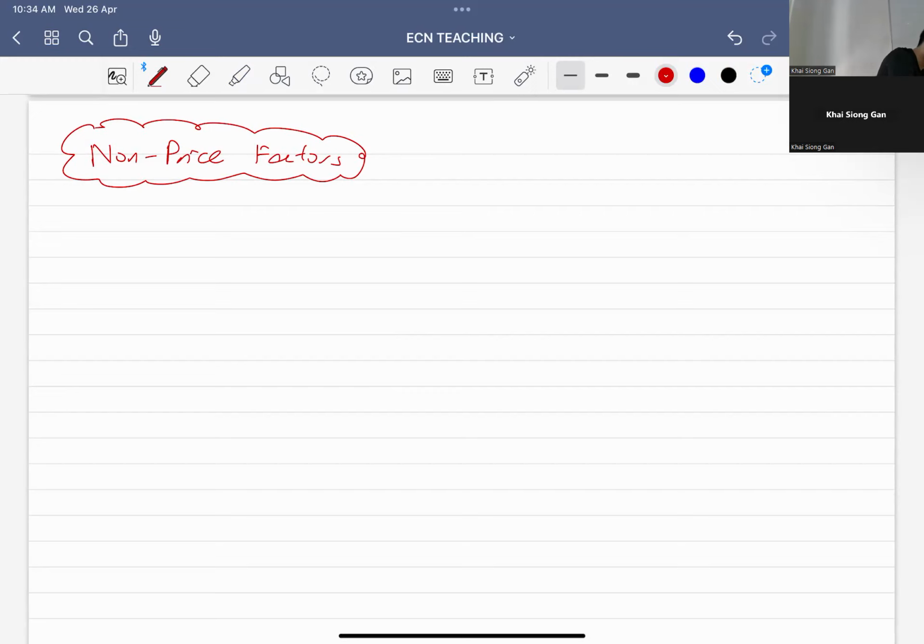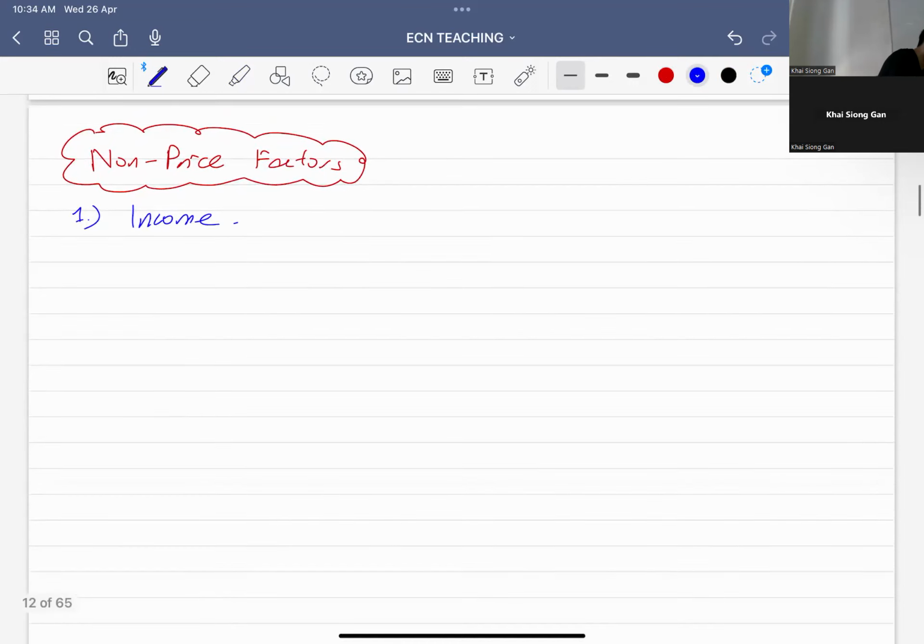So for example, let's talk about the first one first. It's called income. Income factor, not the income effect here. Income factor. Now remember when I talk about factors, it also means determinants. Determinants of what? Determinants of the shift in demand curve.